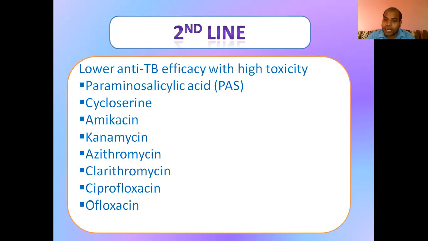So you need to remember the short forms of the drugs for frequent use, or to remember the treatment regimen. The second line drugs generally have lower anti-TB efficacy. That means the drugs have lower efficacy against the tuberculosis bacteria, that is Mycobacterium tuberculosis. But the first line drugs used for tuberculosis have high selectivity and are highly efficacious towards the disease. The second line drugs are para-amino-salicylic acid, cycloserine, as well as antibiotics, that is amikacin, kanamycin, azithromycin, clarithromycin, ciprofloxacin, ofloxacin, and moxifloxacin is also used.